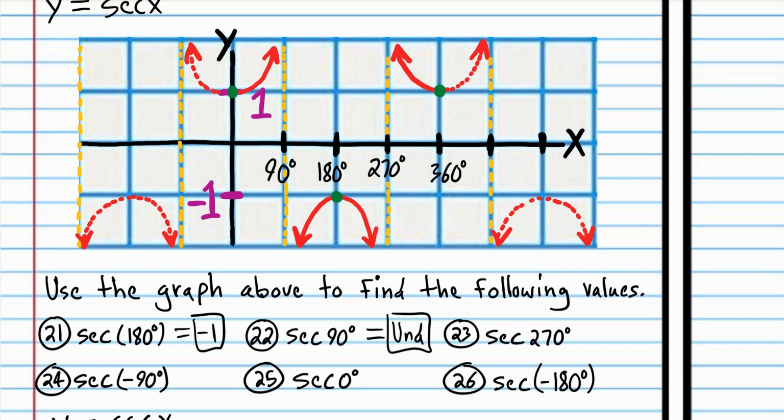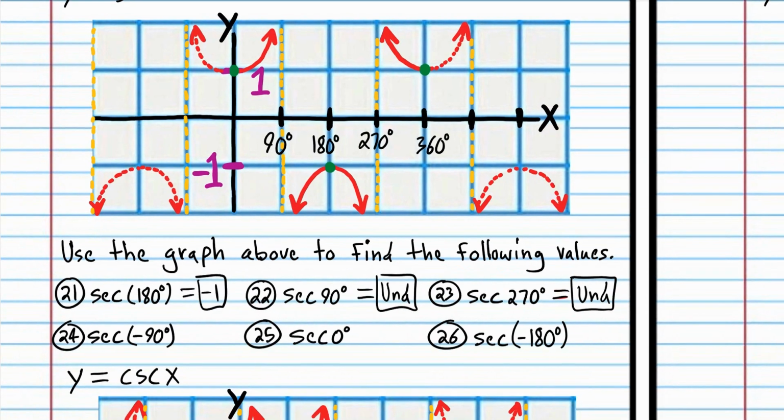Number 23, we're going to go 270 degrees to the right, and again we have an asymptote. The red curve is not even defined on that asymptote, so we say, again, undefined. Secant -90, again we have another asymptote, so the function is not defined.